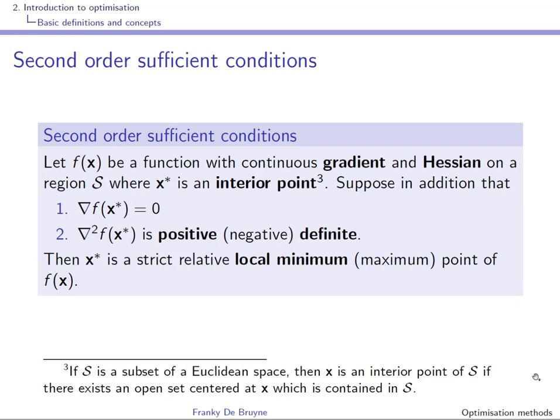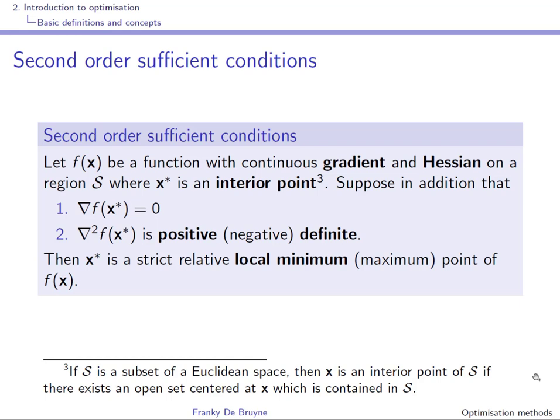Let us now assume that the gradient of f is the zero vector in x star and that the Hessian of f is positive definite in x star. Then x star is a strict relative local minimum of the objective function f of x.